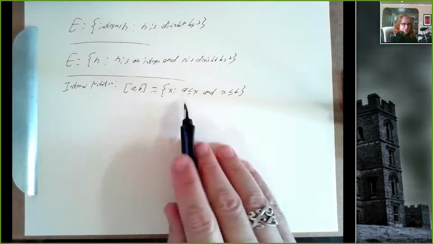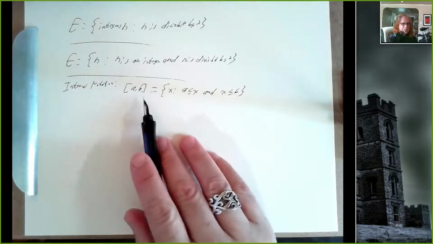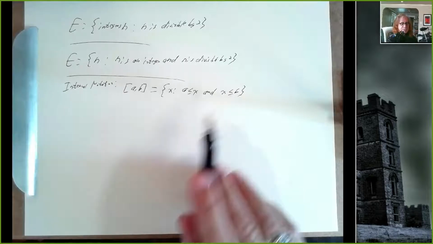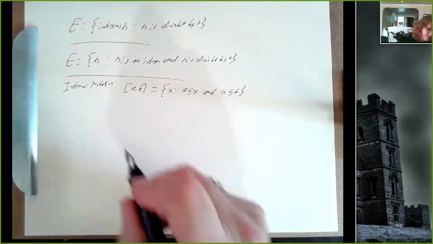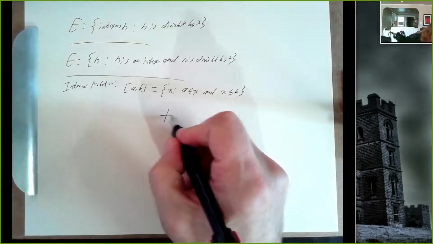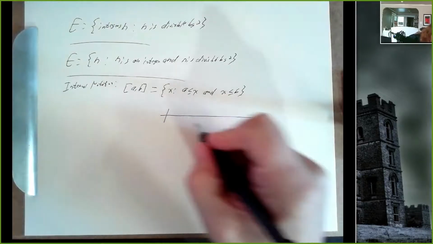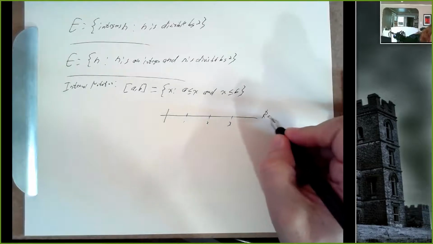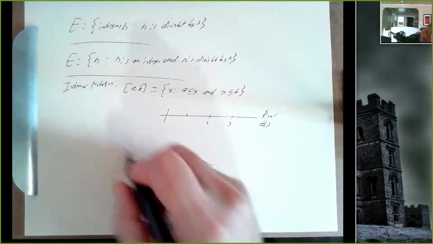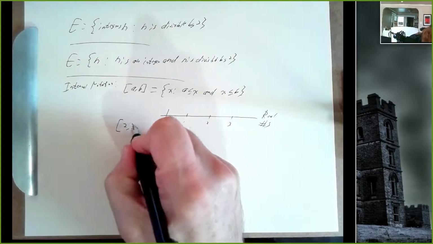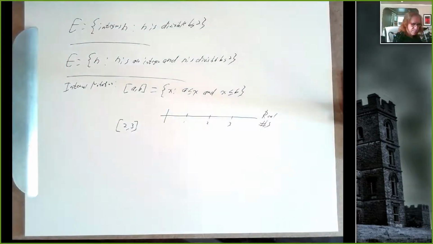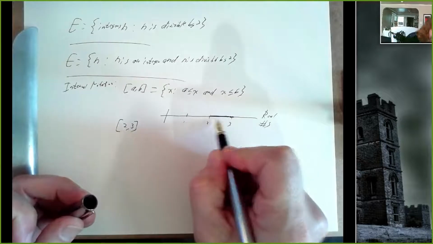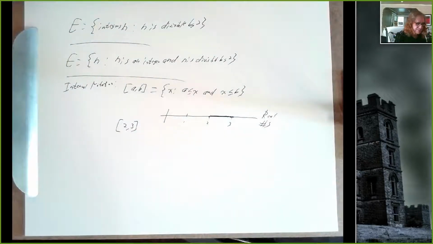The square opening bracket corresponds to the x greater than or equal to a. The square closing bracket corresponds to the x less than or equal to b. So for example, if I had a real number line, and I wrote square bracket 2 comma 3, what I mean is all of this stuff in here, including 2 and including 3.